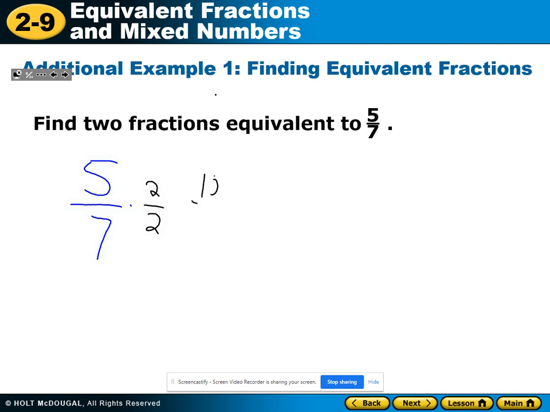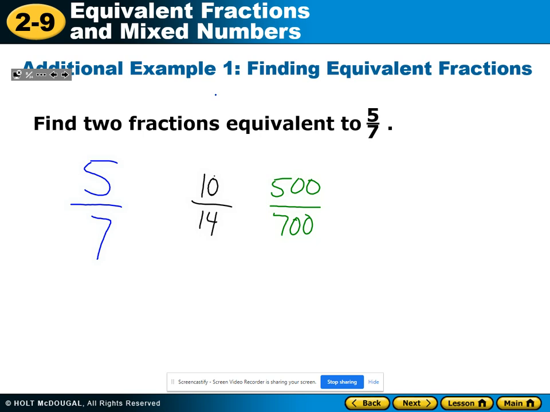To make 10 over 14. All right. Now, if I had not chose to use 2 over 2, I could have used 100 over 100 and got 500 over 700. They're both equivalent fractions to 5/7.